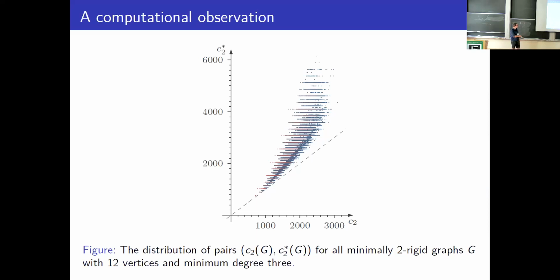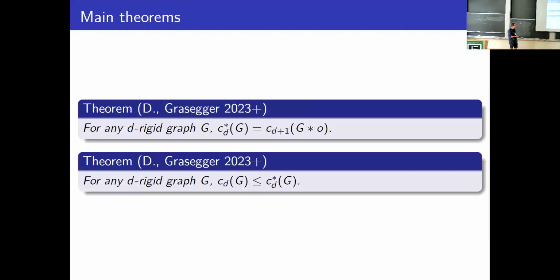But the observation is that this line is the y equals x line, and everything lies above it. And it shoots off a bit weird in some sense. And this is just when you plot them against each other. Why is this true? So we proved it. We proved that this is indeed true.